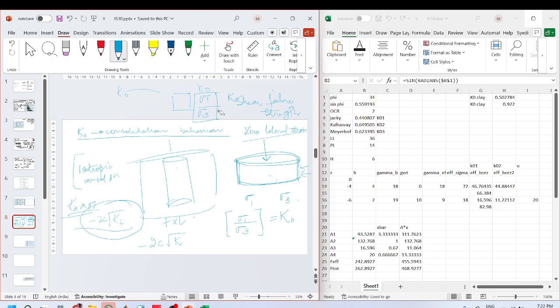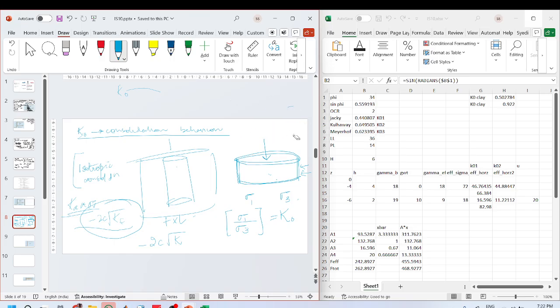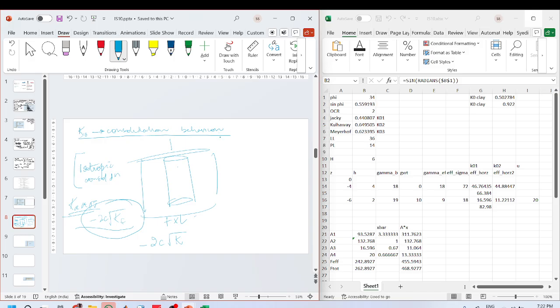Yes, ma'am. Understood. So explicitly they are not mentioning it, because till now, whatever we have been doing is for the K naught condition only, because we were not mentioning any kind of strain in the lateral direction.